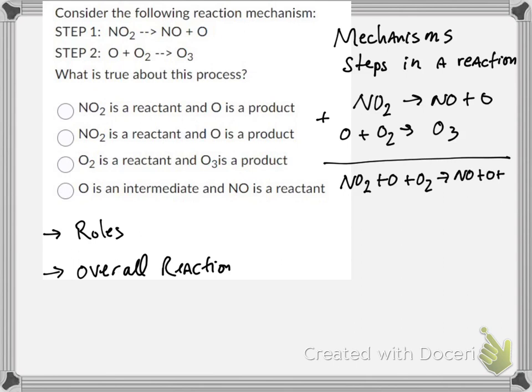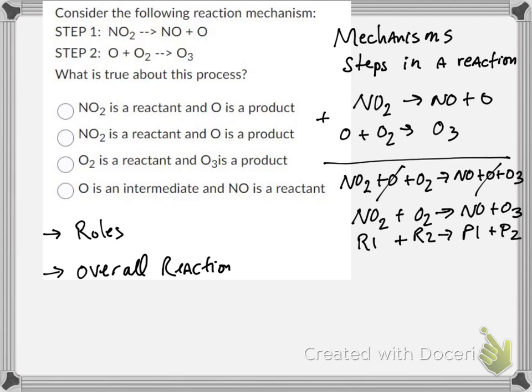Then we sum up all the products from the two steps on the other side. We cancel any term that's on both sides, and that gives us, as an overall reaction, NO2 plus O2 making NO plus O3. So this helps us identify the roles. We have reactant 1 plus reactant 2 making product 1 and product 2.